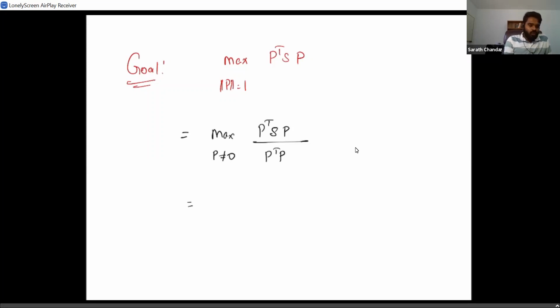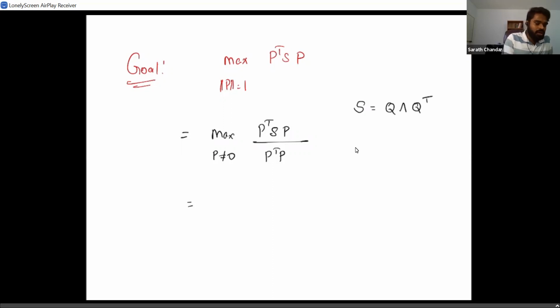Here is where one of your readings is going to be useful. We take this matrix S, which is the covariance matrix, and consider its spectral decomposition, which is given by Q lambda Q transpose.